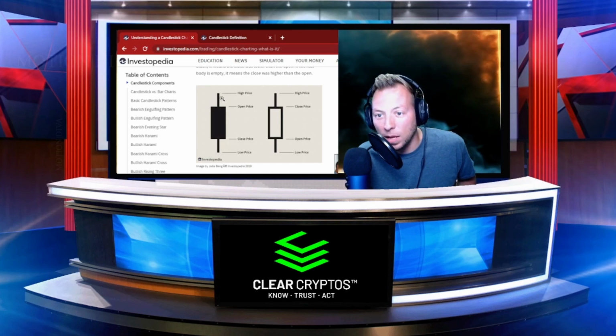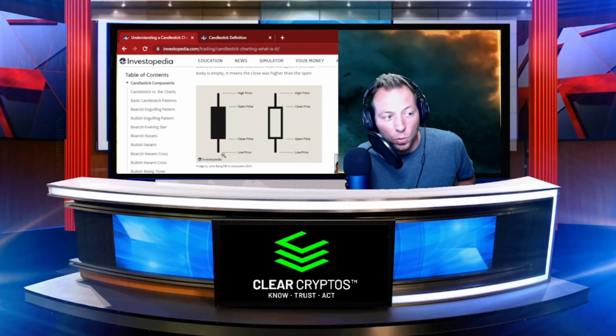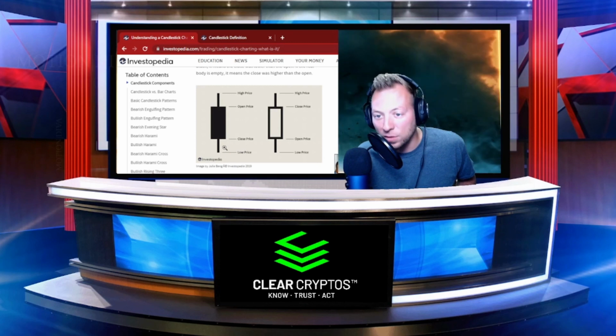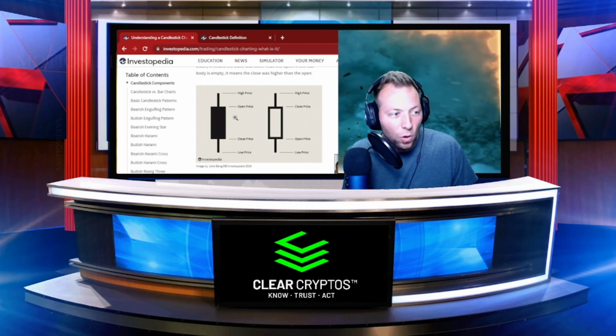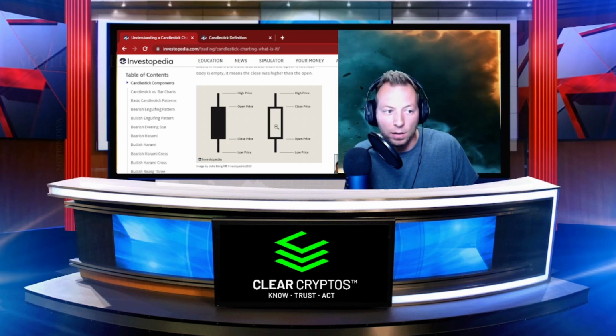If it continues to move down from there, it also creates a wick to the low price. Where the price finally closes out during that period is the closing price. So this is a negative, dropping candle, and here is a green candle.